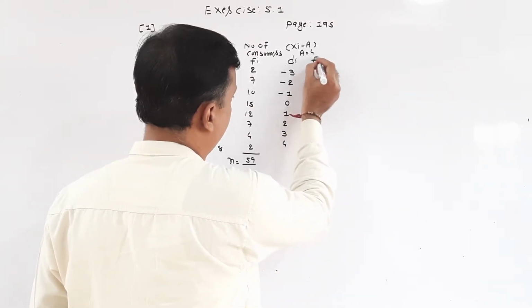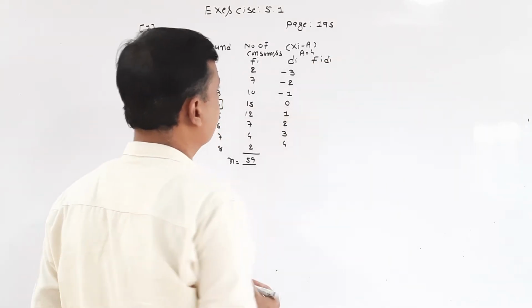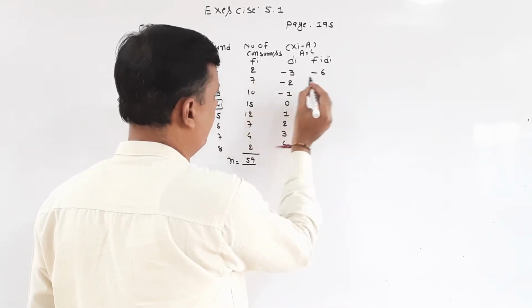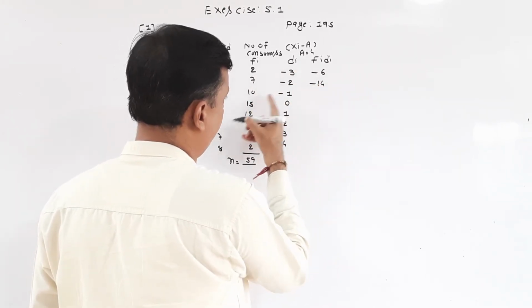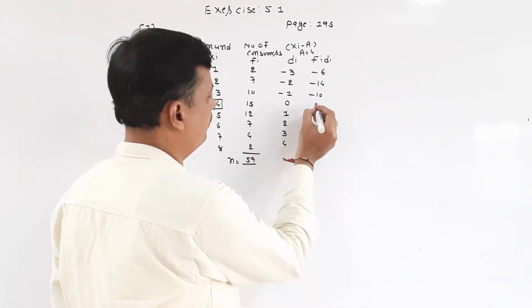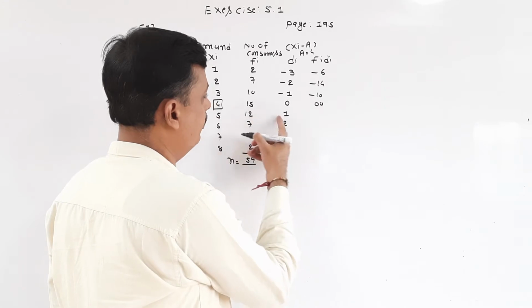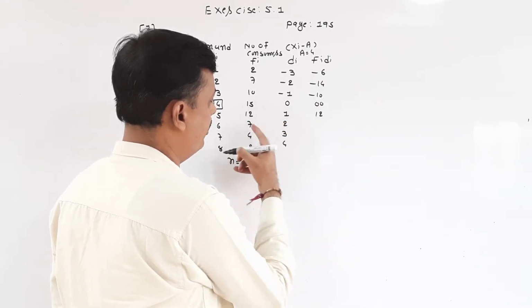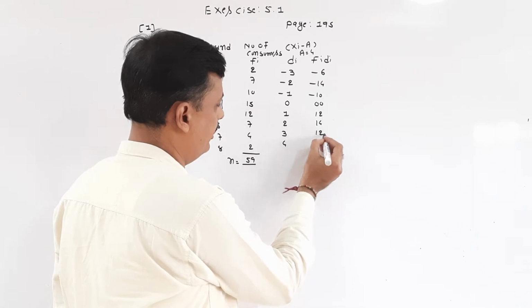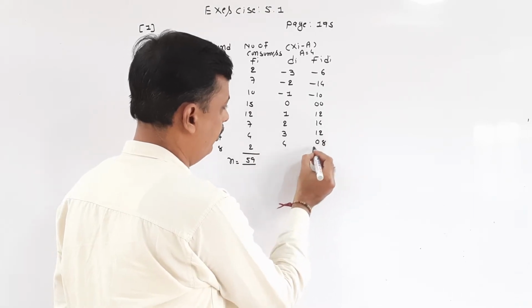Now fi di: 2 into minus 3 is minus 6, 7 into minus 2 minus 14, 10 into minus 1 minus 10, 15 into 0 is 0, 12 into 1 is 12, 7 twos are 14, 4 threes are 12, 2 fours are 8.